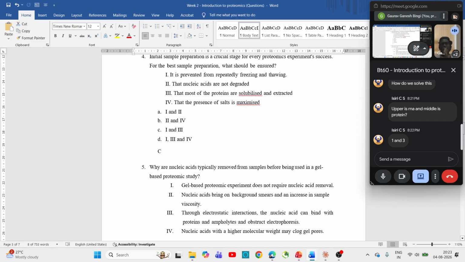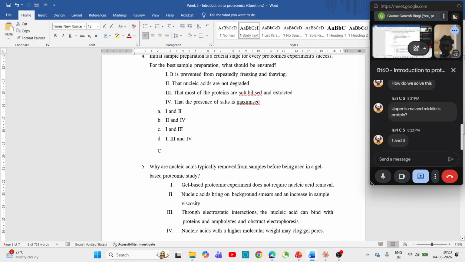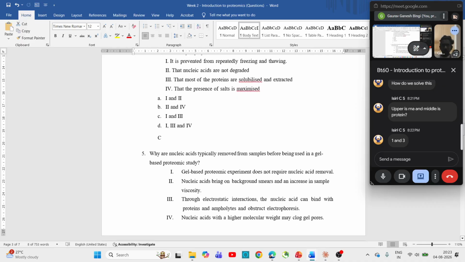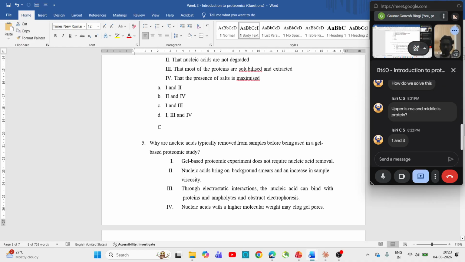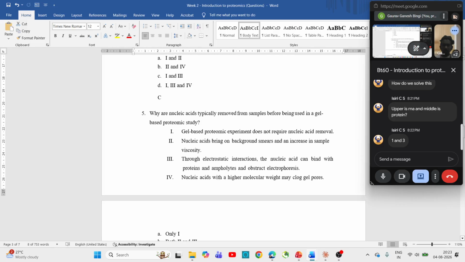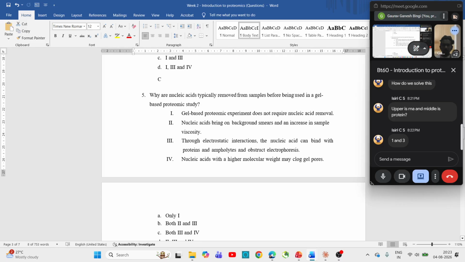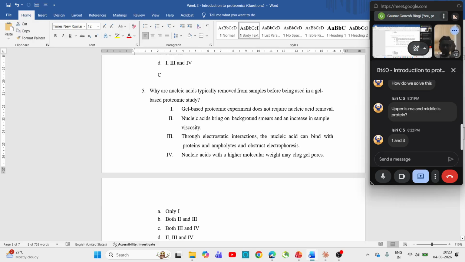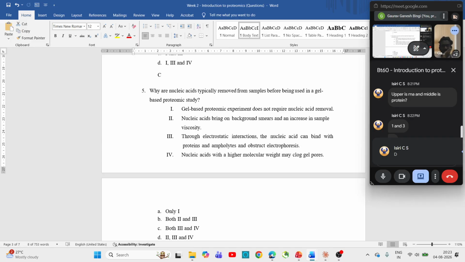So why are nucleic acid typically removed from samples before being used in a gel-based proteomics study? Why do you think they are removed? 2, 3, and 4?